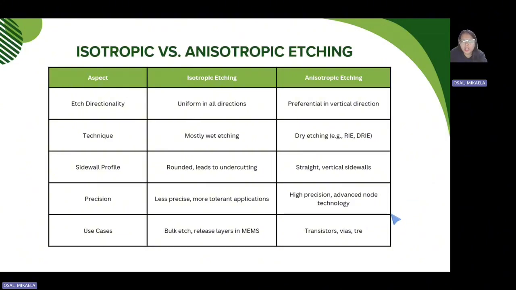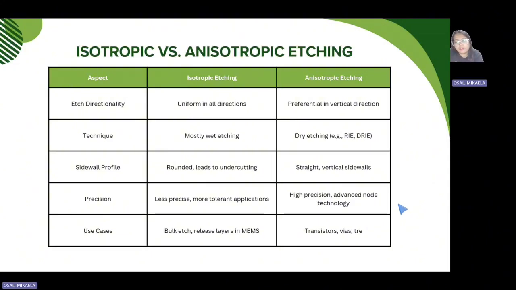In etching technique, isotropic etching is generally achieved through wet etching, where chemicals dissolve materials from all sides. And anisotropic etching is usually done through dry etching, such as RIE or DRIE, which allow for more directional control.